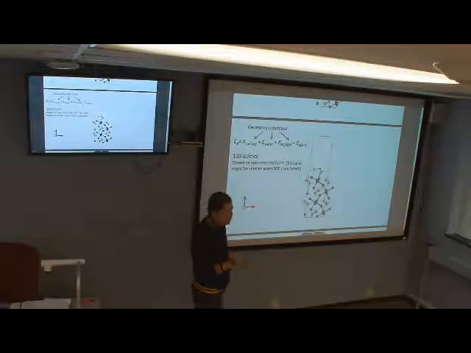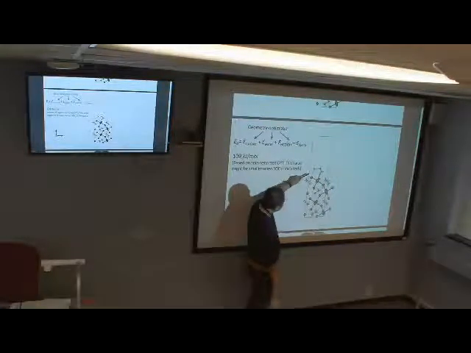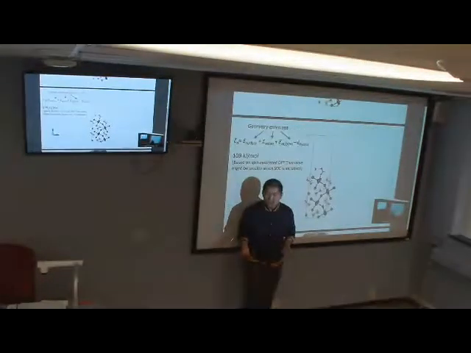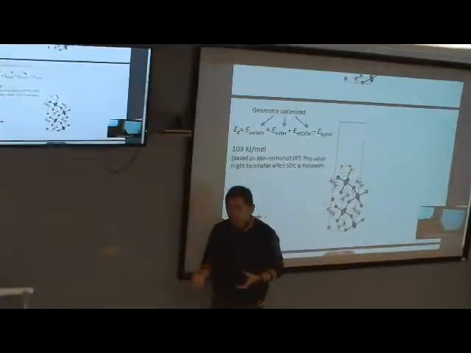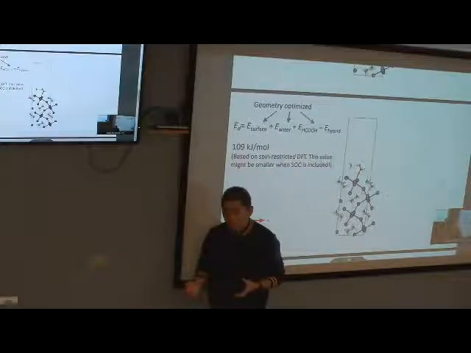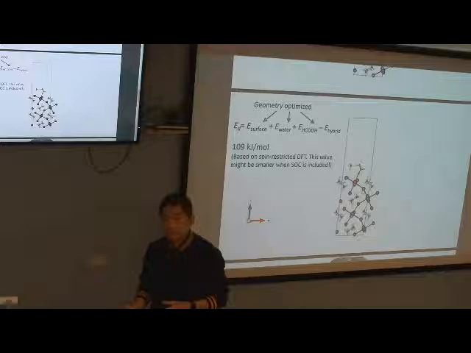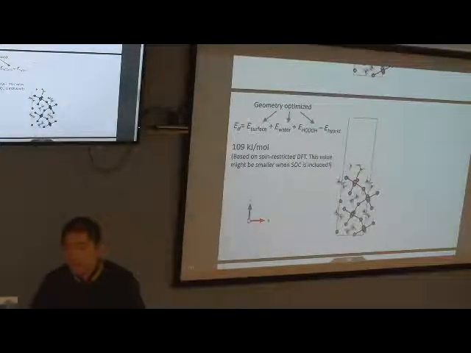No, because if you have CO2, then oxygen should repel from iodine, right? So you cannot form a ring-like structure with CO2. So that would not affect the binding energy of the formic acid. But I don't know. It will decrease the binding energy for formic acid, yes, because this kind of structure is not stable.